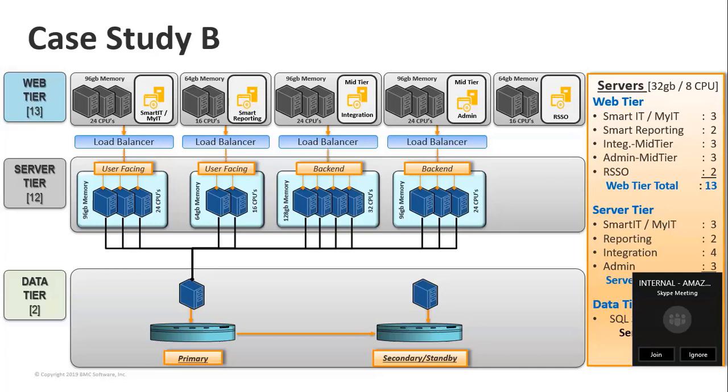So to that end, they started looking at opportunity for consolidation. You'll see that we'll start off with some pretty straightforward areas. As we mentioned before, RSSO was an area that was an opportunity for consolidation, as well as this function that they had set up for the admin going through the mid-tier. They had 3 servers that were set up there in order to support basic admin functions.